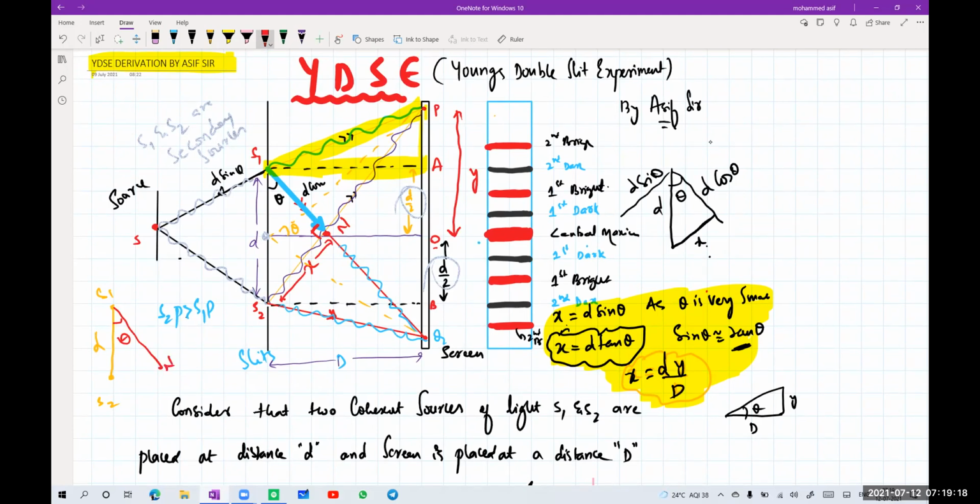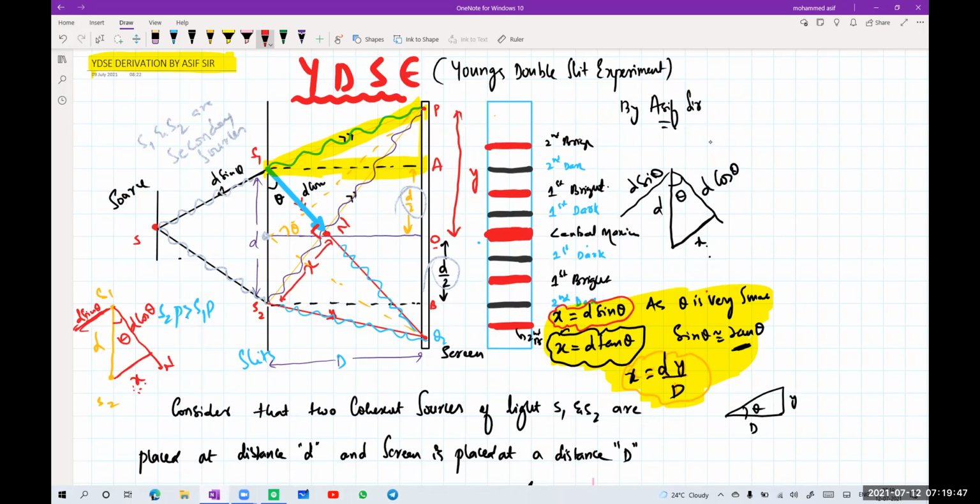If I resolve this d into components, this will become d cos theta, and this will become d sin theta. So S1 to N will be d sin theta, and this distance, say x, is parallel to this, so x will be equal to d sin theta. As theta is very small, sin theta can be approximated to tan theta.